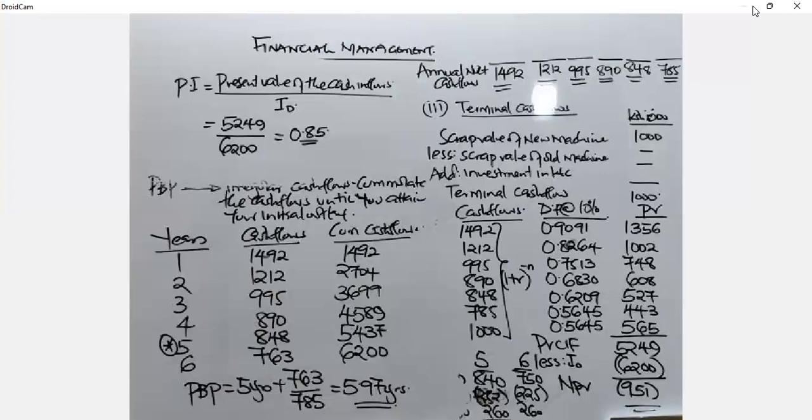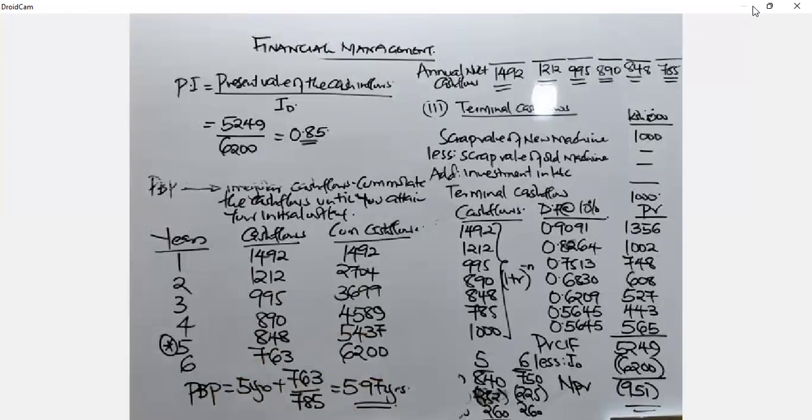Under the acceptance rule of the profitability index, what have we said in our notes? We said that a project whose PI is greater than 1 is accepted, while a project whose PI is less than 1 is rejected. You can reject our project because the PI is less than 1.